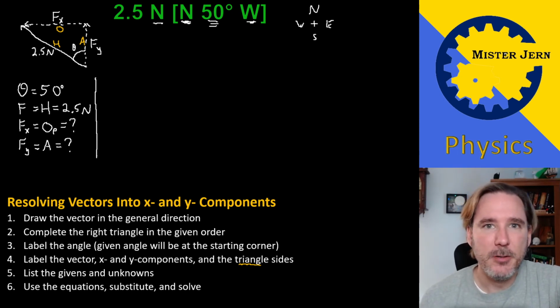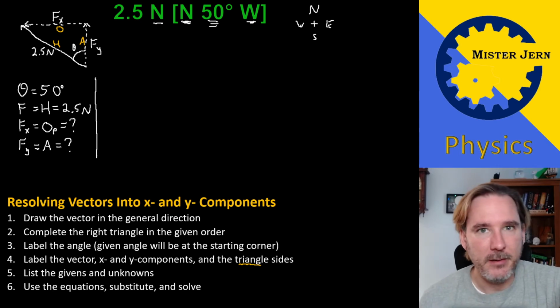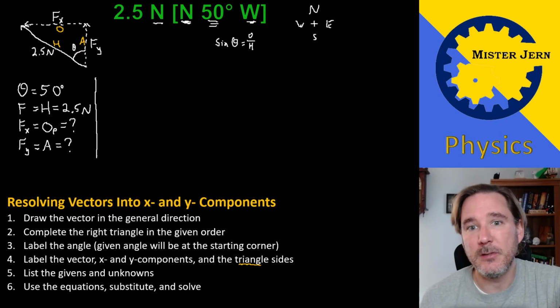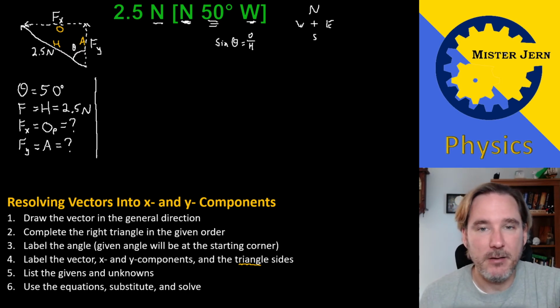So this part's pretty straightforward because these equations are based off of the SOHCAHTOA equations. And the first one is just going to be SO. If you remember, SO is sine of theta is equal to the opposite over hypotenuse. So this is just a standard SOHCAHTOA equation.